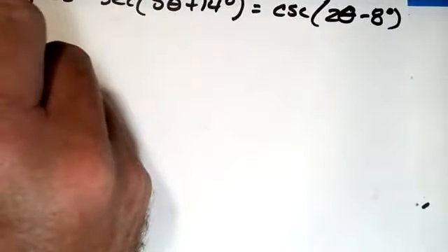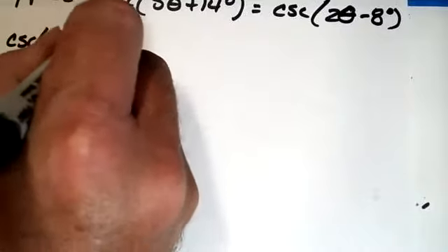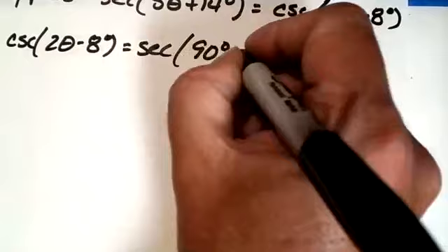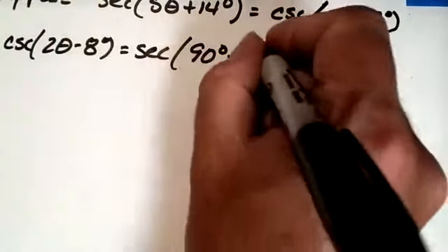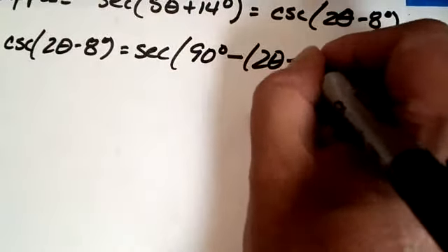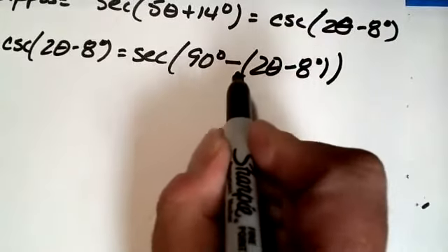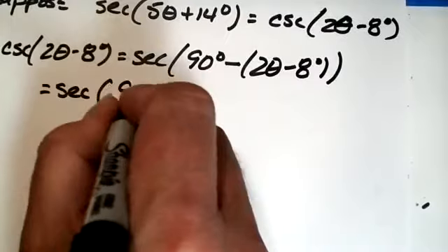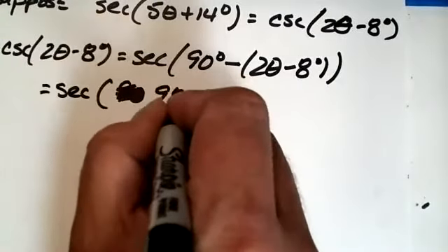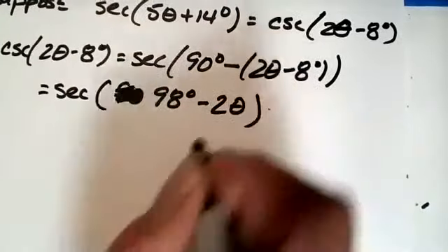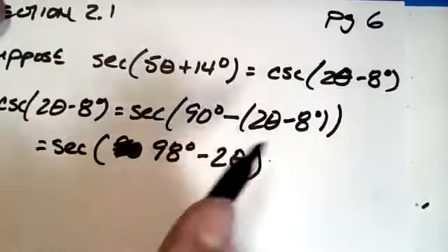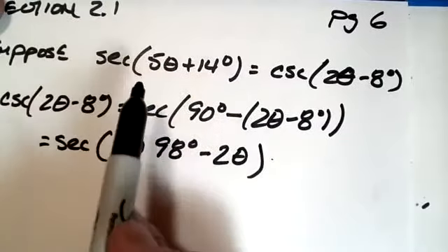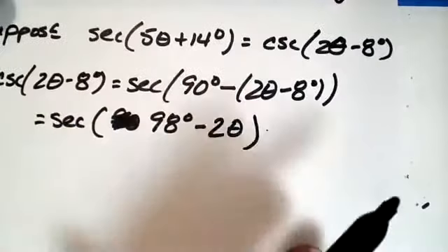Let's go with cosecant. So recall that cosecant of 2 theta minus 8 degrees is equal to the secant of 90 degrees minus whatever's inside here. So that's 2 theta minus 8 degrees. And again, be careful with signs in parentheses. This is actually going to make this secant of 98 degrees minus 2 theta. Okay, so now I can compare the left-hand side to the right-hand side, and because of the same function, one solution is just to simply say that this argument is equal to this argument.